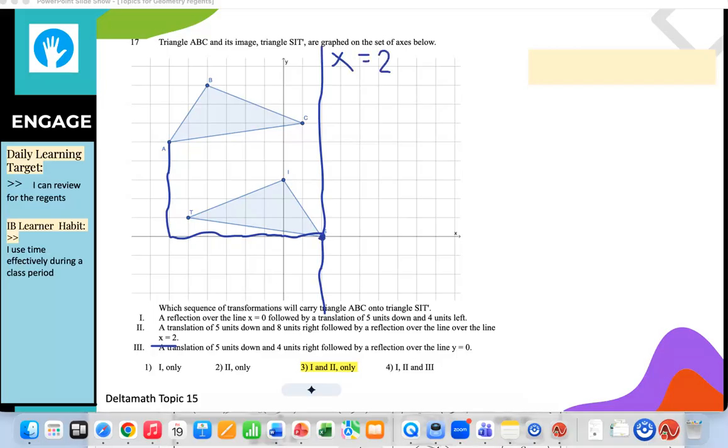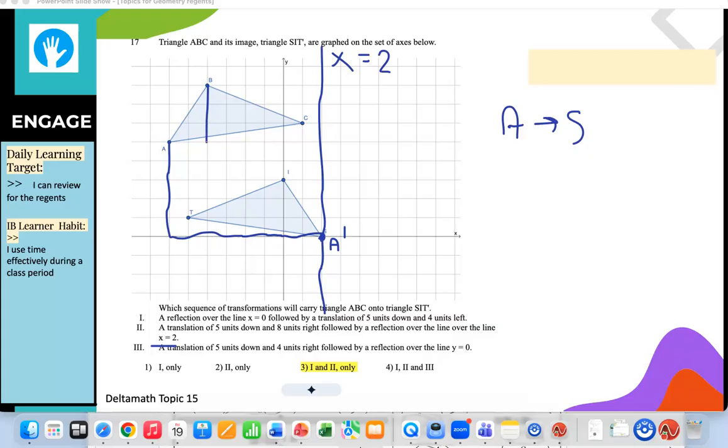If I reflect this point, A prime, over that line, it's not going to go anywhere because it's on the line of reflection. And we want A to match up to S. So that works. Now we have to do the same thing for B.